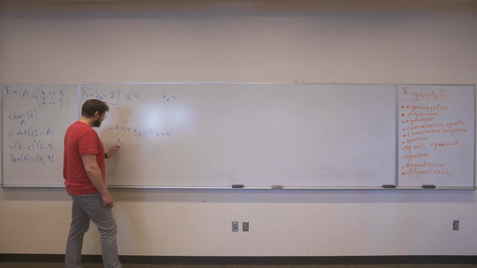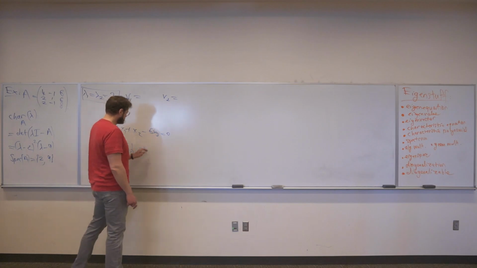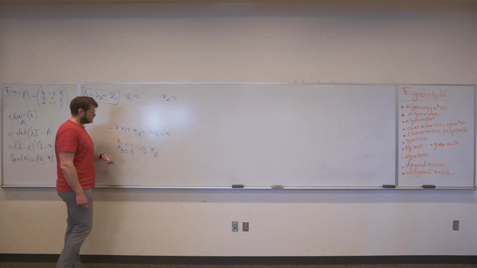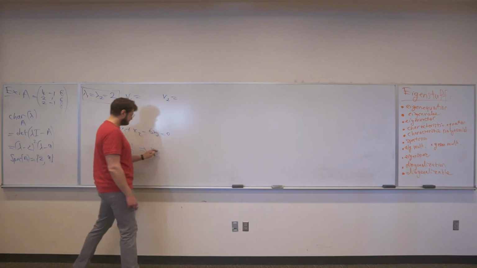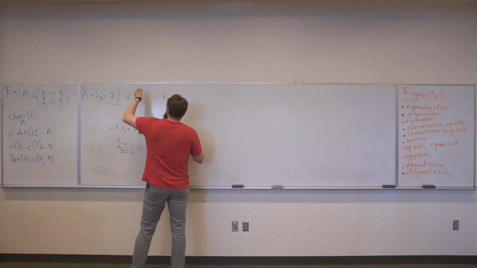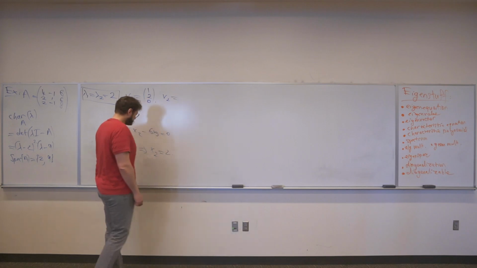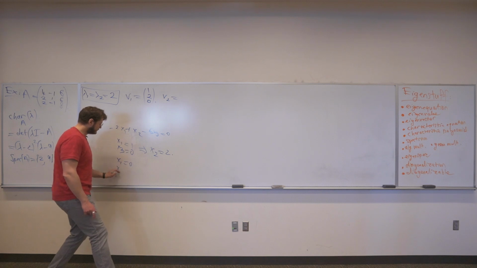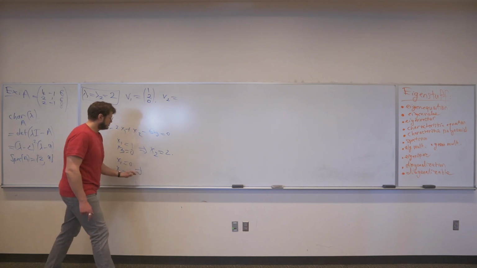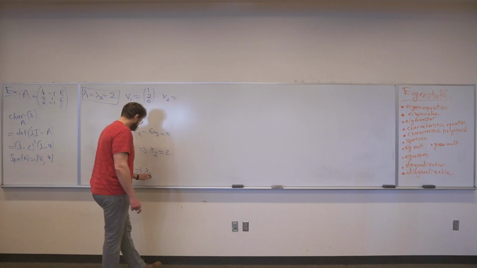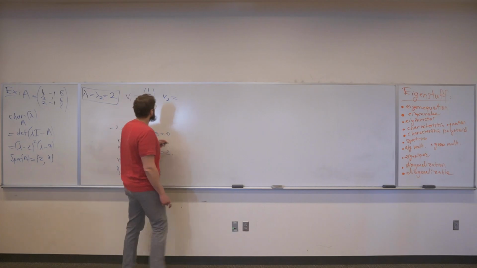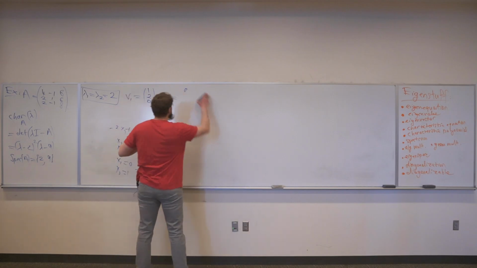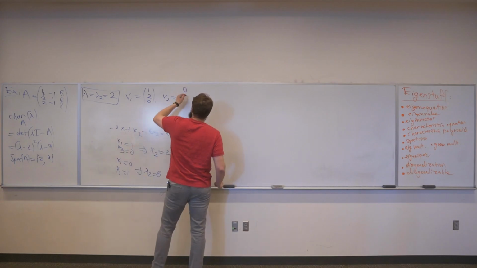And so if I were to plug in x1 is 1, x3 is 0, that would give me that x2 is 2. And so I'm going to have v1 to be 1, 2, 0. On the other hand, if I were to choose x1 to be 0 and x3 to be 1, then x2 is 6. So that I have here 0, 6, 1.